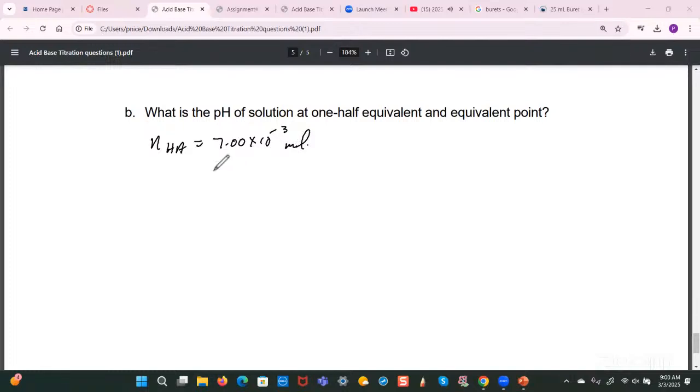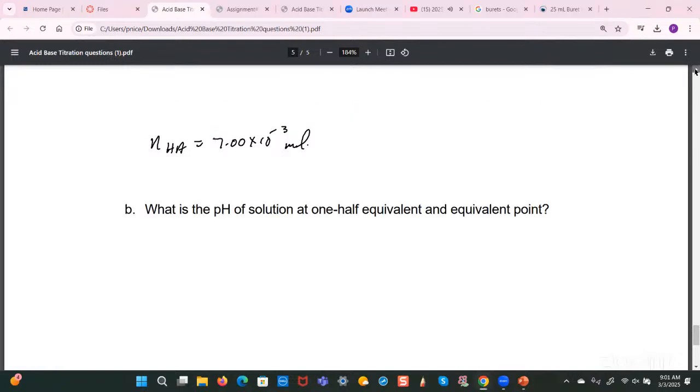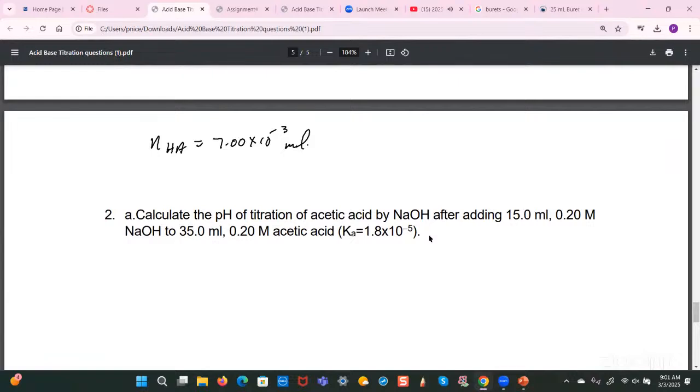Okay, so what the question is asking for is the pH of the solution at 1/2 the equivalence point. So we're not at the equivalence point, but 1/2, halfway there. Now, hold on, let me scroll back up here. Because the molarity, let me see, are the molarities the same? Okay, the molarities are the same, so that makes life a bit easier, right?